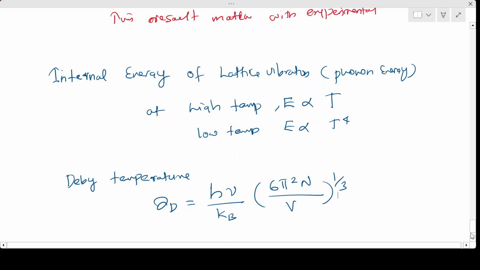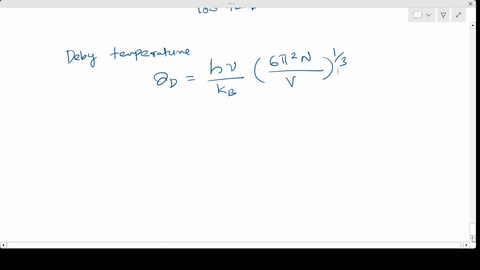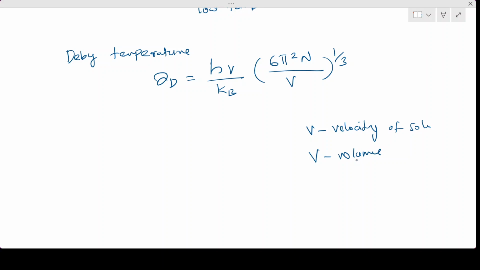That is a much more detailed way of expressing the Debye temperature. Here v is the velocity of sound, and the capital V is the volume, where n is the number of atoms present in the solid.